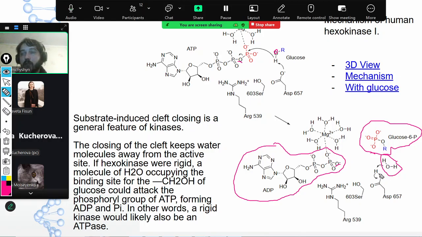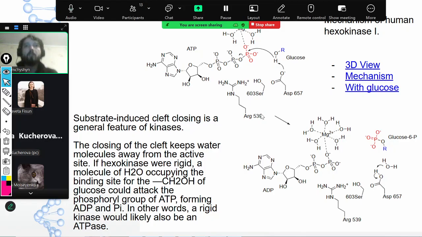Electrons from this bond, once again it's not really well drawn, should be drawn from the bond to the oxygen. So these electrons fully transfer to the oxygen, it acquires a minus charge, and we restore the state that we had at the beginning.